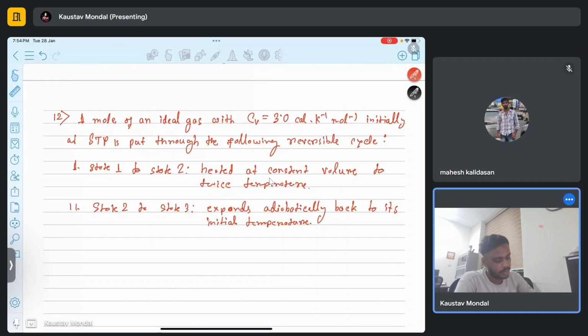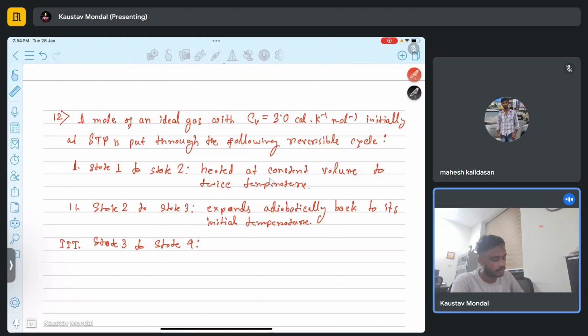Then from state 3 to state 4, and then back to state 1.